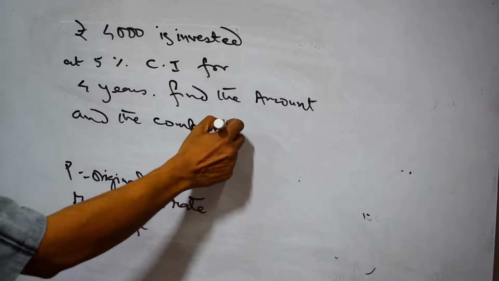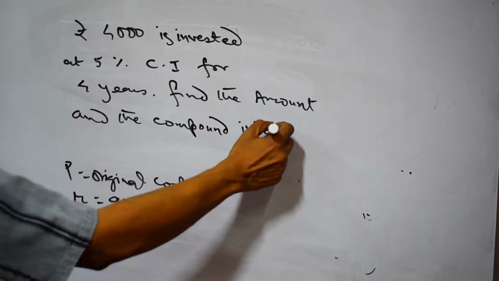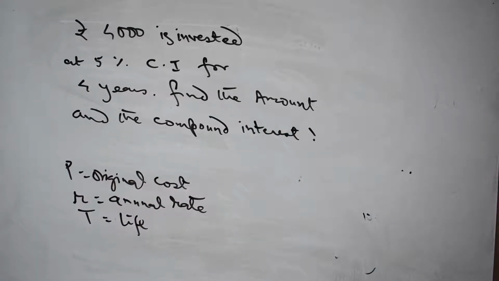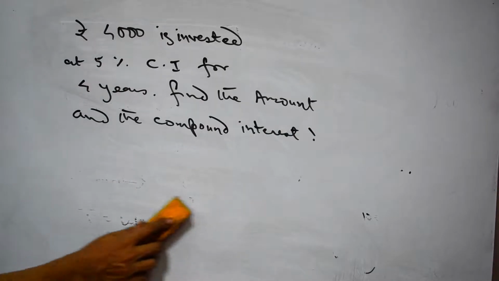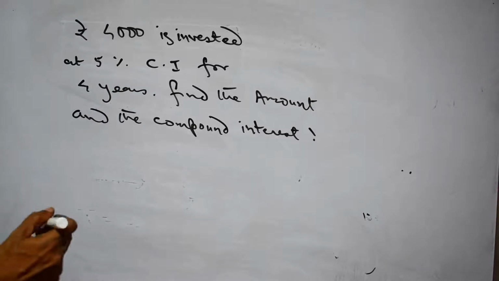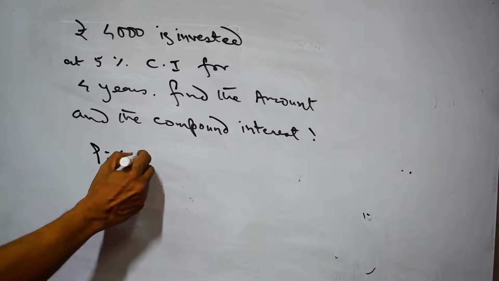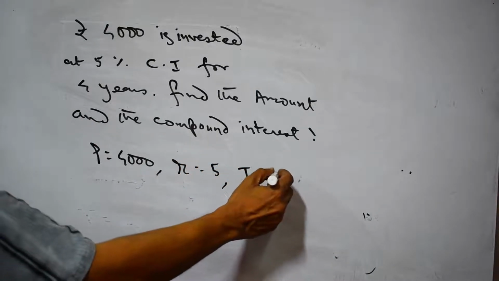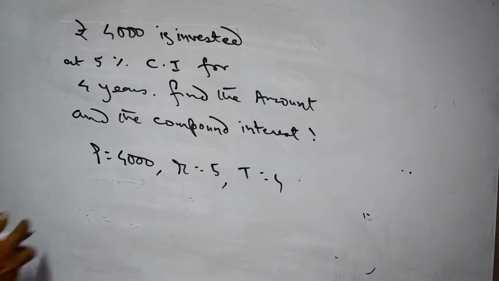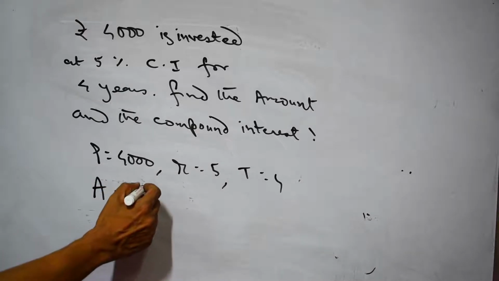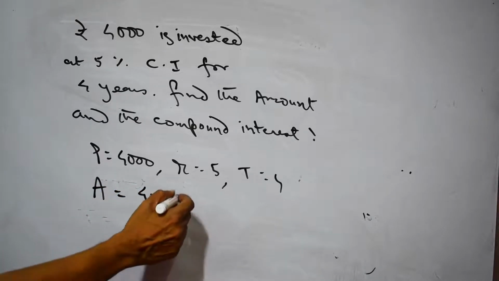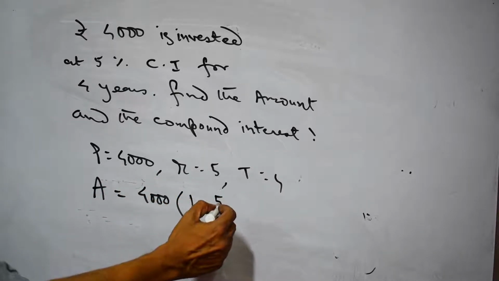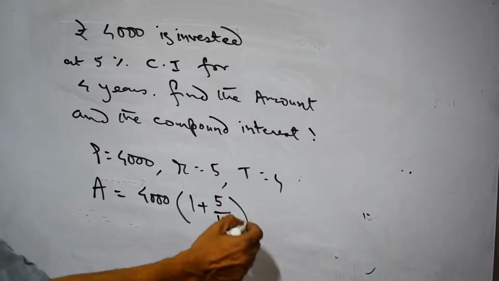Here I have not mentioned what type of interest we are getting, whether annually, half yearly or quarterly. So we have P as principal, that is 4,000, rate is 5%, and time is 4 years. So the amount A is 4,000, that is P into (1 plus R by 100), 5 by 100, to the power 4.